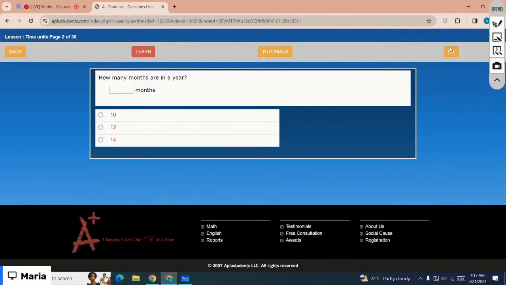Yes, the correct option is 12 months in a year. Correct option is 12.